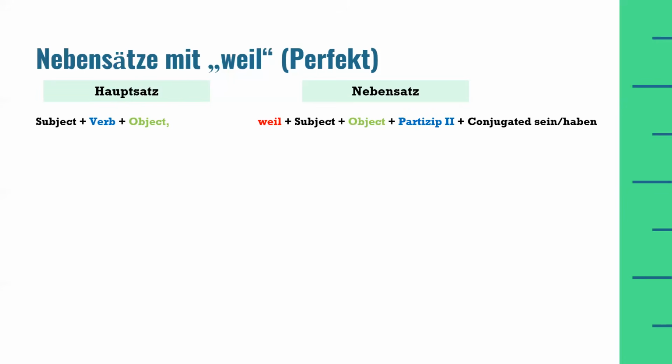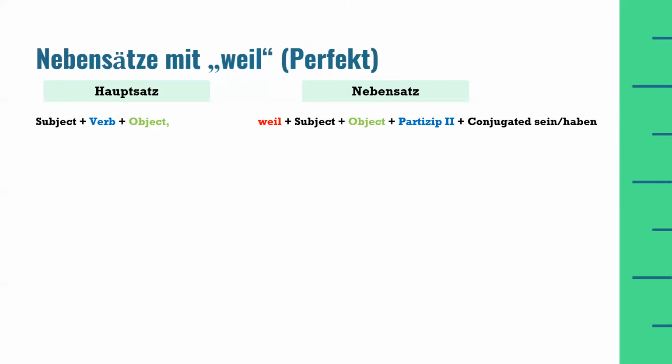Now, if we have a perfect tense in the Nebensatz, then Nebensatz sentence structure will be like we start with the weil. So weil will be at first position, then comes subject of the sentence, then comes object of the sentence, then comes participle zwei form of the verb, which is the perfect form of verb.